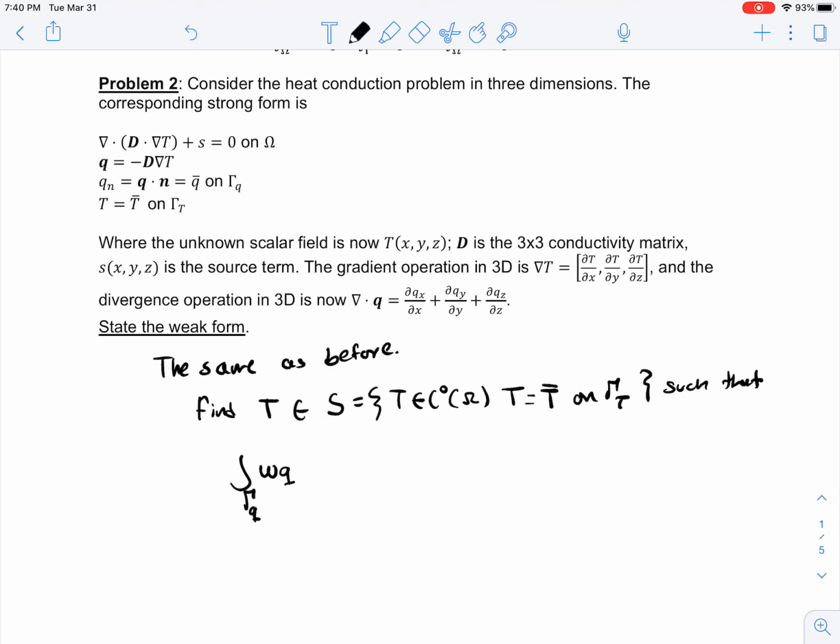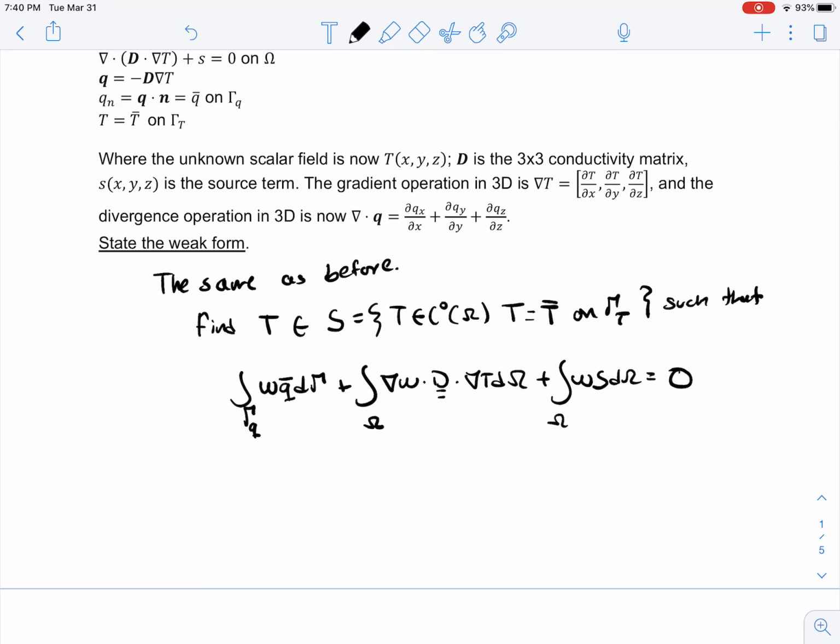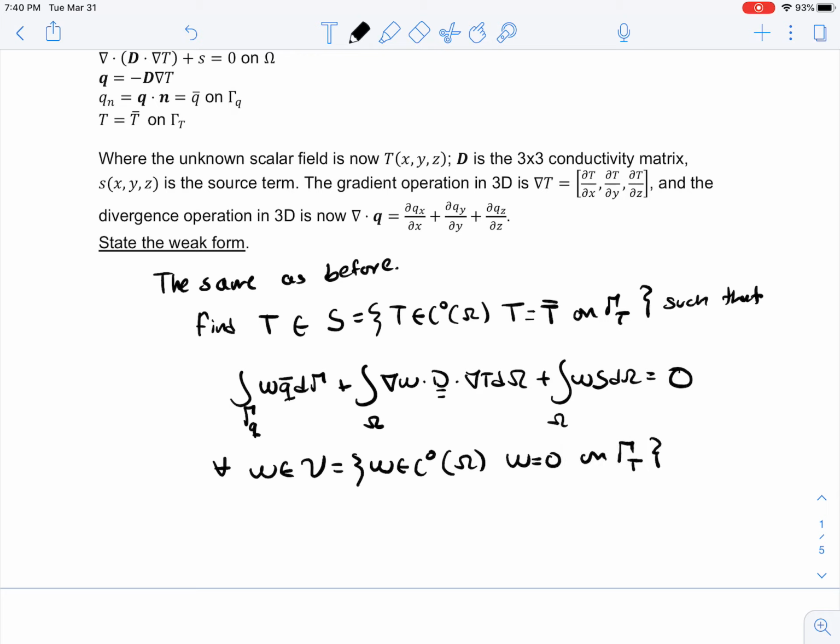such that the integral over gamma q of omega q bar, plus the integral over omega of gradient omega d gradient temperature, plus the integral of omega s equals 0 for all omega in the space B, which is omega in Z0 with omega equals 0 on gamma t.